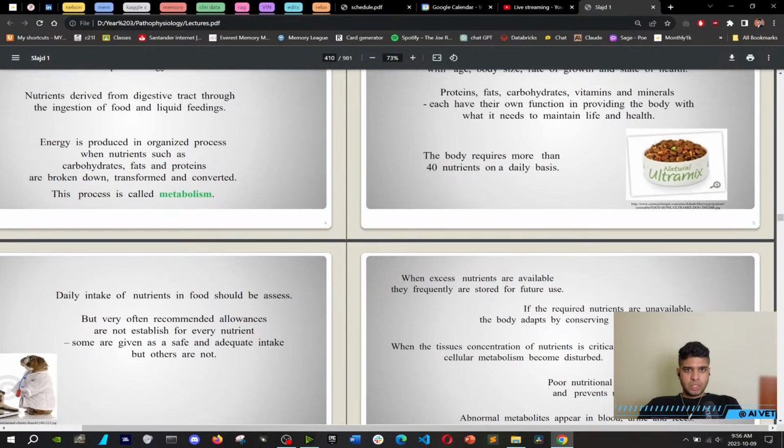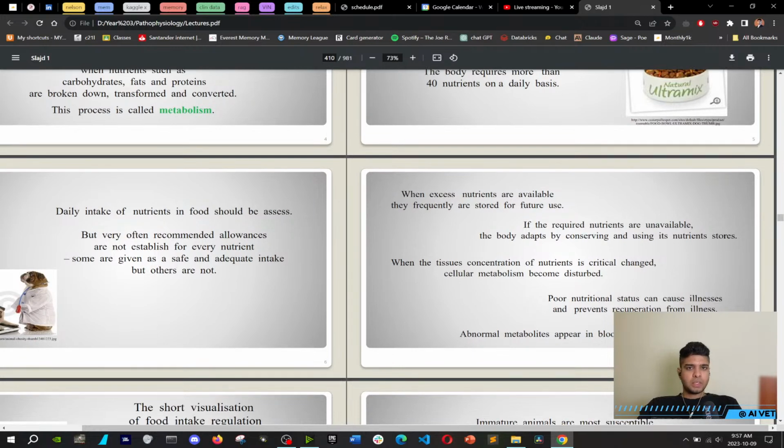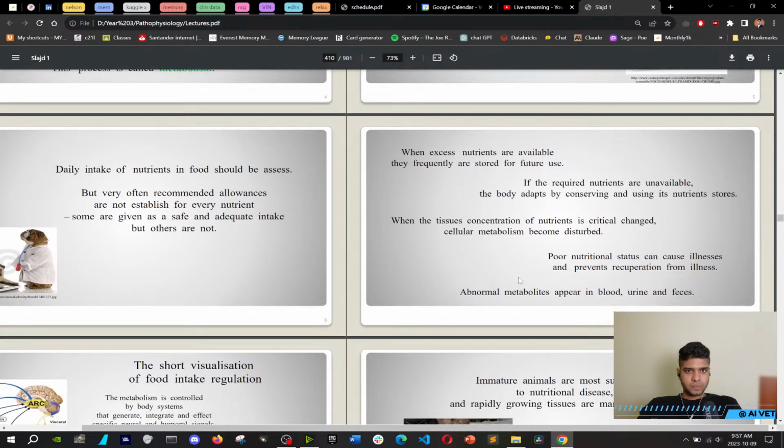When excess nutrients are available, they frequently are stored for future use. When the tissue's concentration of nutrients is critically changed, cellular metabolism becomes disturbed. Poor nutritional status can cause illness and prevent recuperation from illness.